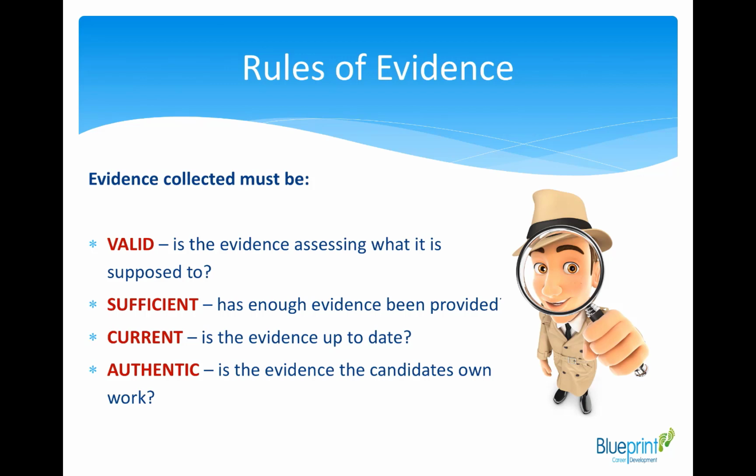Sufficient is about has there been enough evidence provided, and does that evidence all point in the same direction? In other words, does it all point to the person being competent, or is there a discrepancy in one piece of evidence compared to another? Is it current? So is it up to date? And is it authentic? Can we be assured that the evidence is the candidate's or the learner's own work?